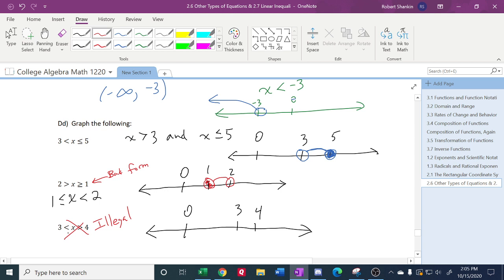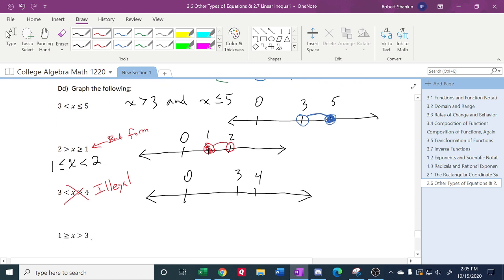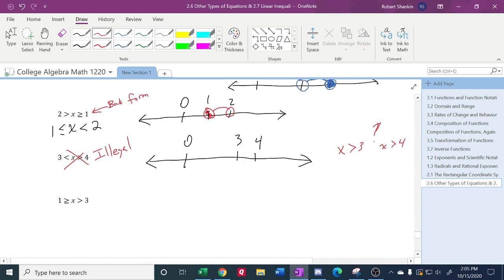And if you have something like this, it's really trying to say x is greater than 3 and x is greater than 4, and what's this all about? We can't tell.